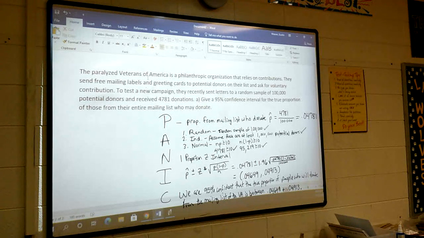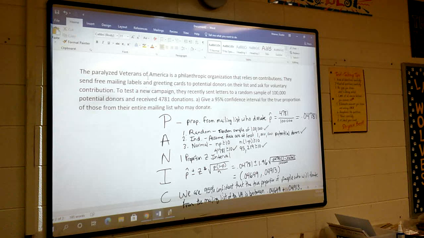So I don't get my hopes up and think, oh, all of them are going to donate, or even maybe only 10 donate. Now I know maybe about 20% are going to donate. So businesses are going to use this in order to see how much money they're going to get, what kind of response they're going to get from people. Kind of like when they send out things about wanting you to subscribe to a magazine or something like that. How many people actually subscribe from those?